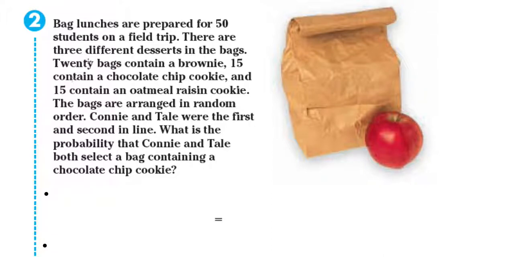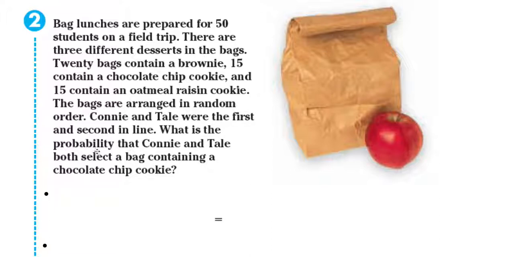Bag lunches are prepared for 50 students on a field trip. There are 3 different desserts in the bags. 20 bags contain a brownie, 15 contain a chocolate chip cookie, and 15 contain an oatmeal raisin cookie. The bags are arranged in random order. Connie and Dale were the first and second in line.